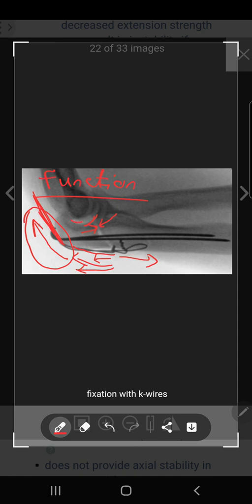So the main function of the tension band is converting the distraction force to the compression force.